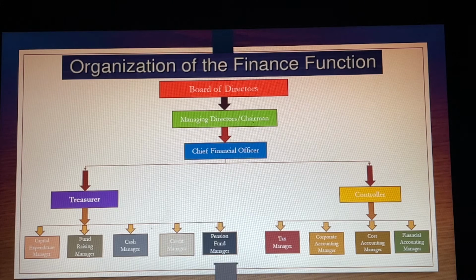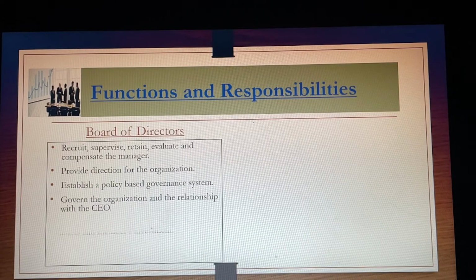Since we talk about those structures, of course, each of them has their own functions and responsibilities within the organization. The first one we have is the board of directors. These are only some of the functions of the board of directors, but actually there are a lot, so I just chose a few of them.